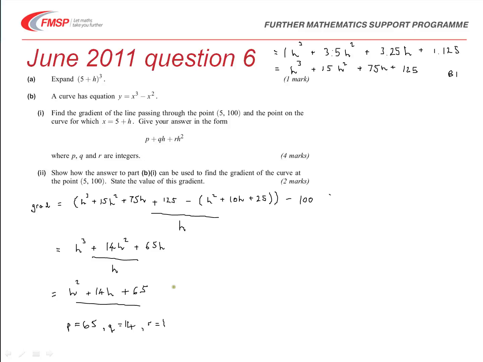Now there were 4 marks for working that out. For the fact we'd got the h cubed plus 15h squared here, and similarly we then subtracted this part and ended up with this expression here, we would get a method mark and a statement mark for each one of those.